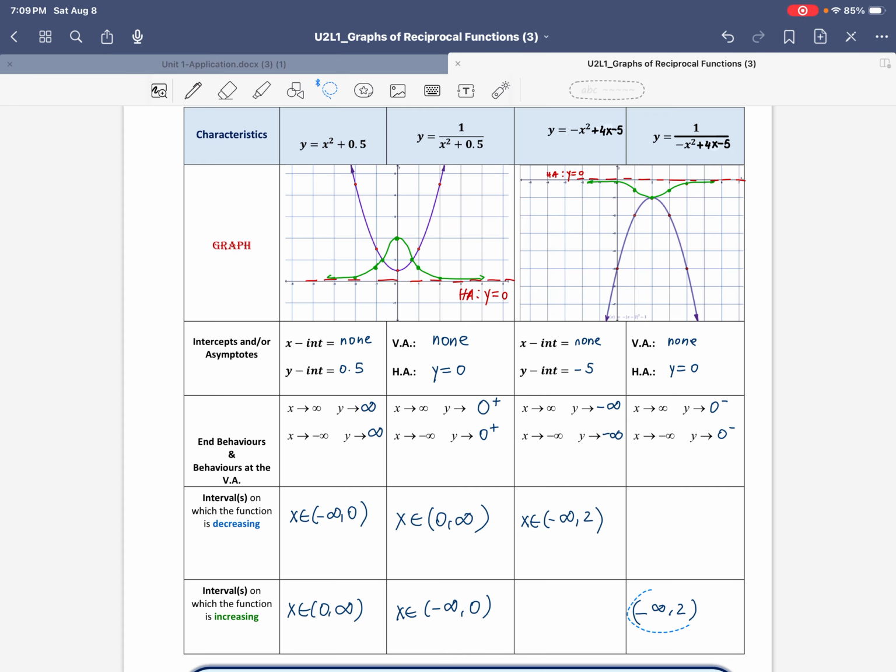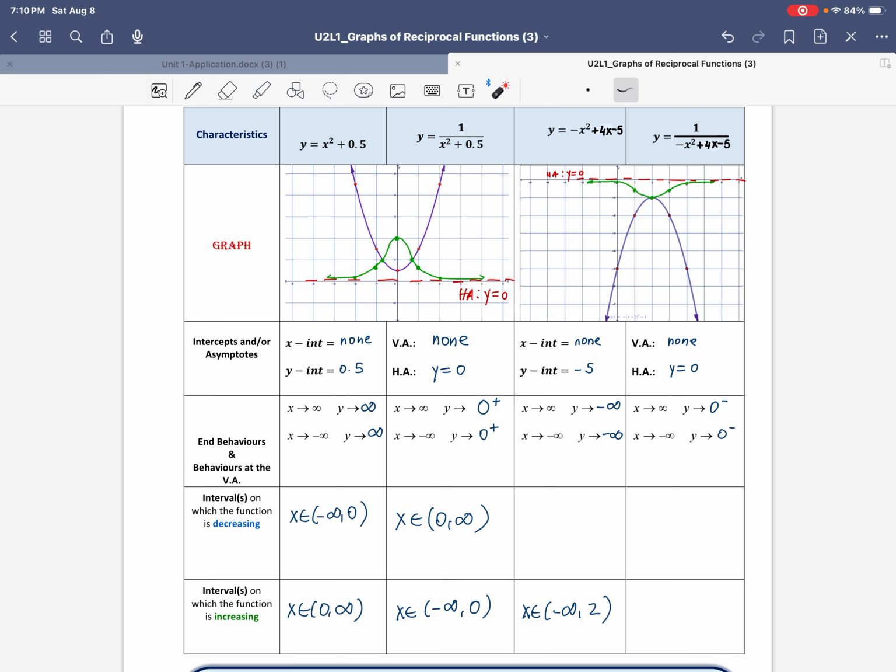Sorry, I made a small error. I placed them in the wrong spots, that's all. So the parabola is increasing from -2 to +2.